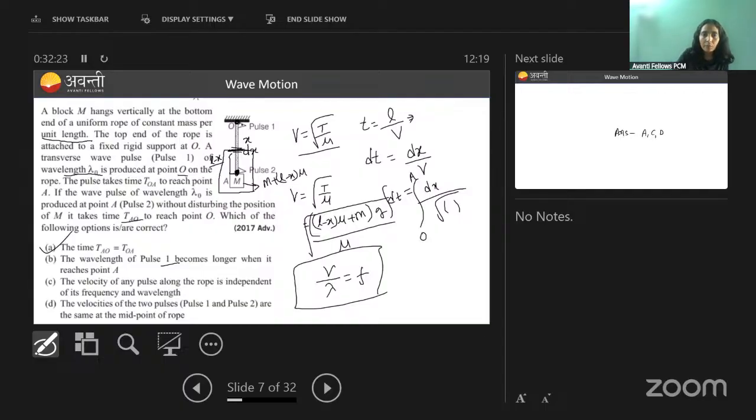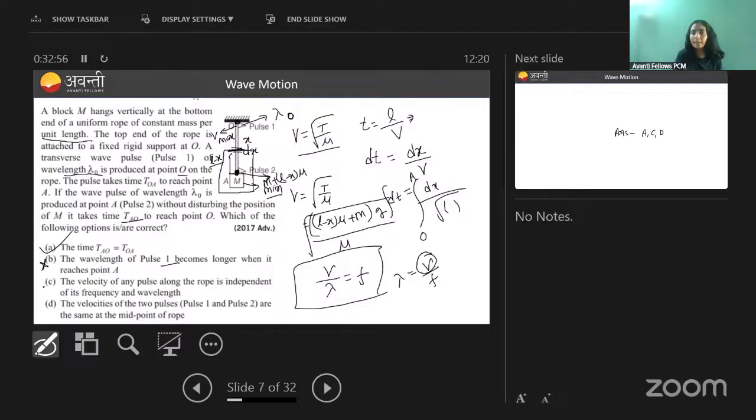Now, the wavelength was lambda naught where velocity was maximum, and here velocity is minimum. So if at this point velocity is minimum, lambda is V by F. Since F is constant and V is minimum, lambda will also be minimum. So the statement that the wavelength of pulse 1 becomes longer when it reaches point A is wrong. It won't become longer.